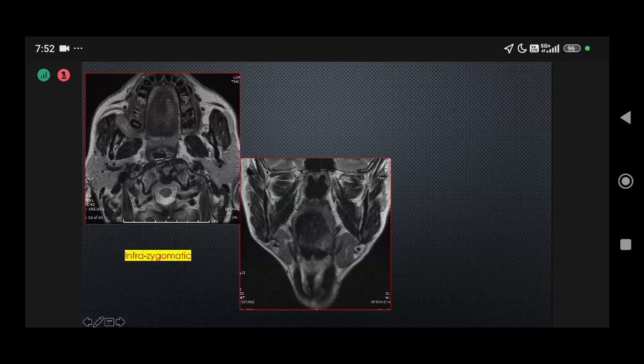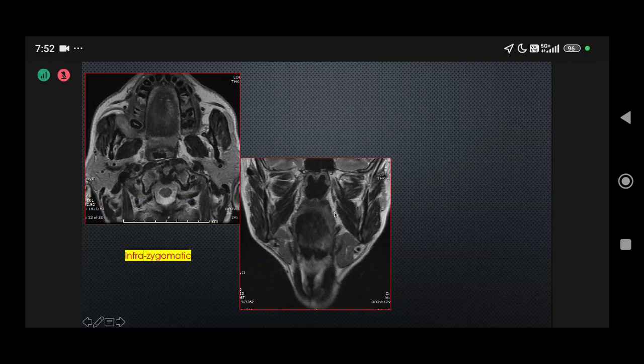So whenever you want to evaluate the masticator space, try to see your coronal view, which is very important because all four muscles are seen well on the coronal view. You can see the medial pterygoid, the lateral pterygoid, the masseter, and the temporalis muscle.